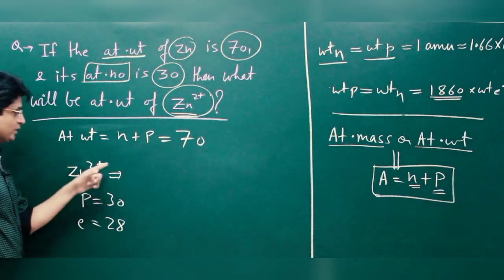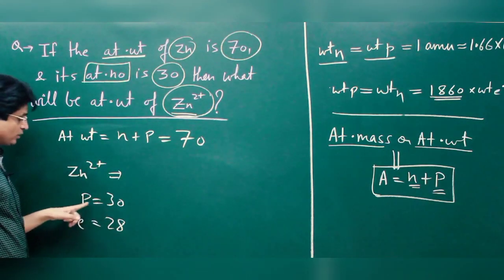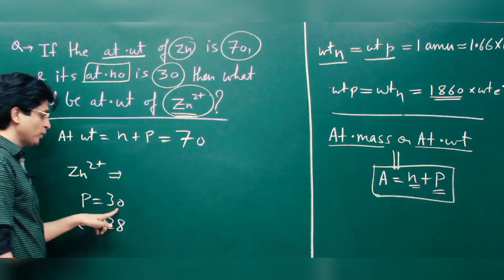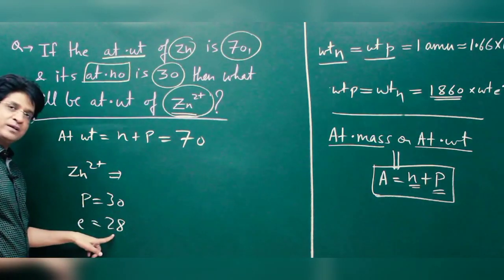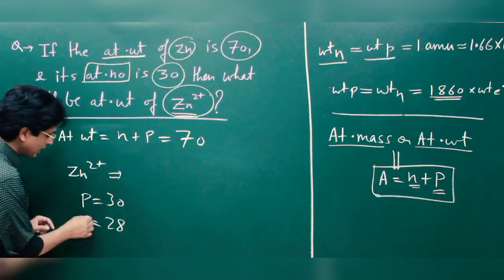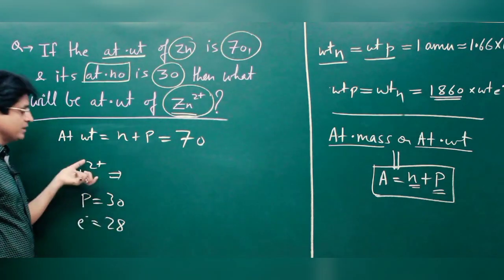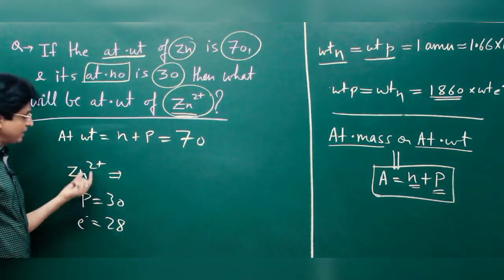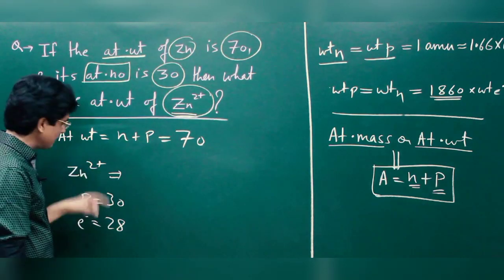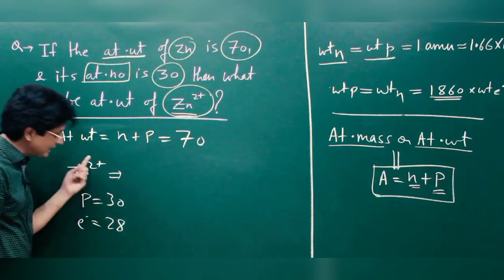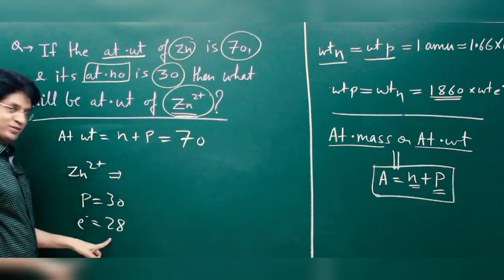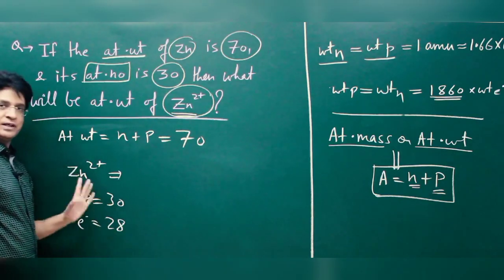That's why the total charge will be plus 2, because right now the number of protons is more than the number of electrons. If the number of electrons were also 30, then it would be zinc, a neutral species. But since it is positive, the number of protons must be in excess compared to the number of electrons. So the number of electrons has decreased.